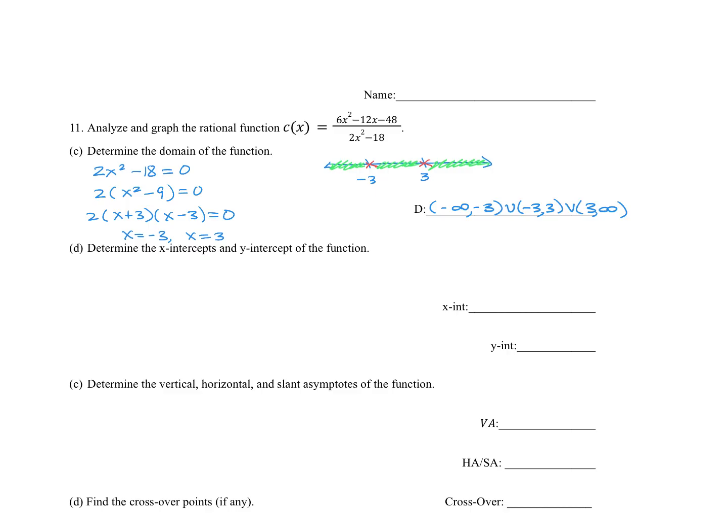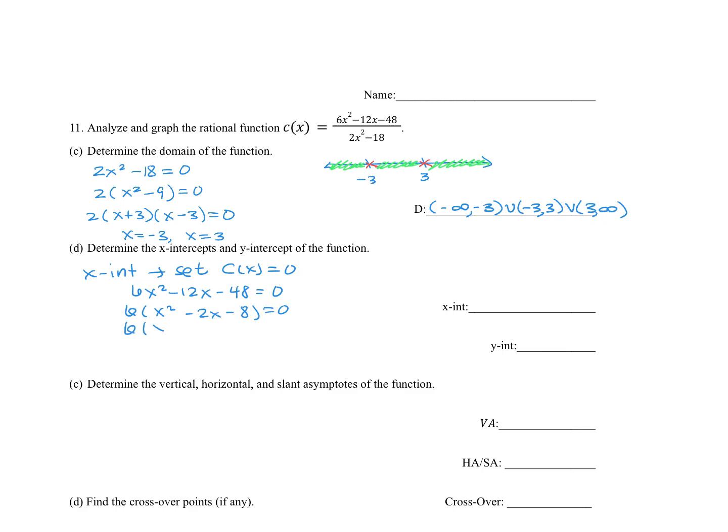Remember again that the x-intercepts are going to come from setting the function c of x equal to 0, which in this case is taking our numerator and setting it equal to 0. Taking out a greatest common factor of 6, I'm left with x squared minus 2x minus 8 equals 0.